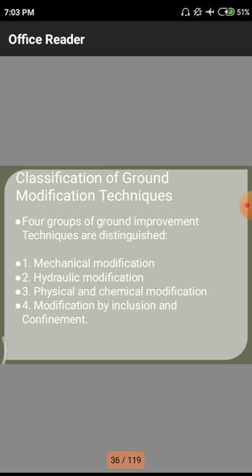Likewise, we have chemical modification. Soil has different chemical properties, and in some cases we have to control the soil properties using them. Some soils have organic matter and other explosive matter, which will come into contact with the components of the building and affect the project, so we need to make them inert.